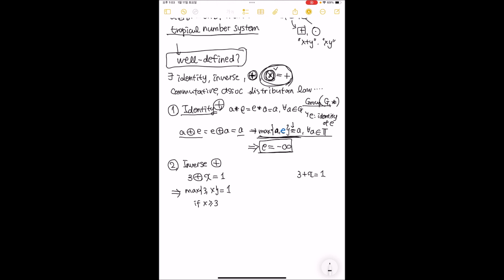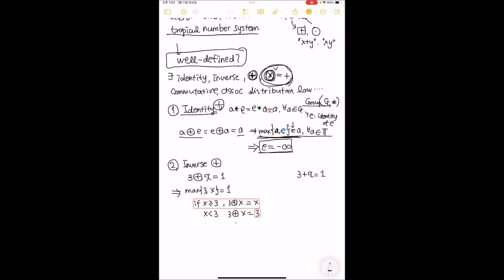But this equation is not solvable, because if x is greater than or equal to 3, by definition, the result is 3. Otherwise, the result is x. And in that case, it is 3.